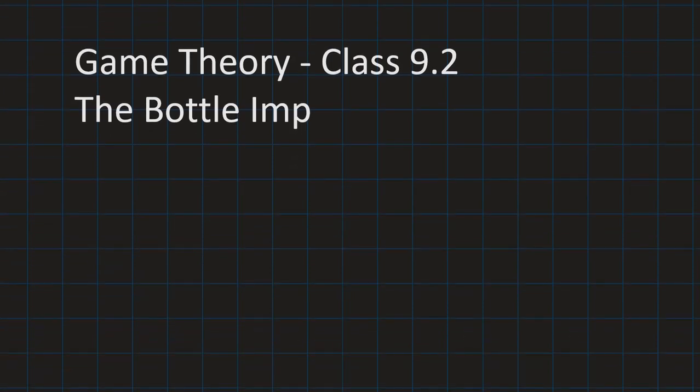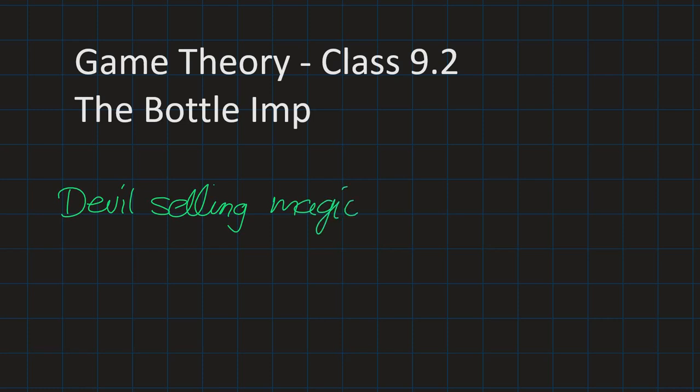The basic premise of the story is that the devil is selling a magic bottle. Inside the bottle there is an imp that will grant all of your wishes.